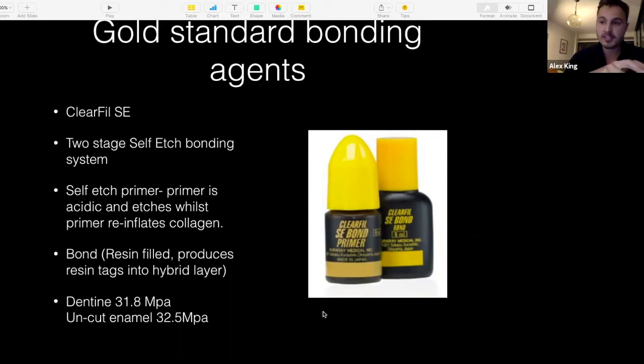Instead of 37% phosphoric acid, the primer is acidic but with a much lower acidity that etches the dentine. At the same time, it reinfiltrates the collagen, and then you put your bond on afterwards, after light curing each stage. Again, with this we have bonding strengths to dentine similar to that of enamel. So again, we're having predictable high bond strengths to dentine with these gold standard bonding agents.